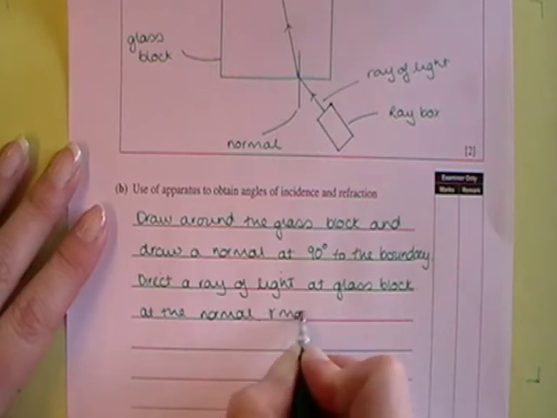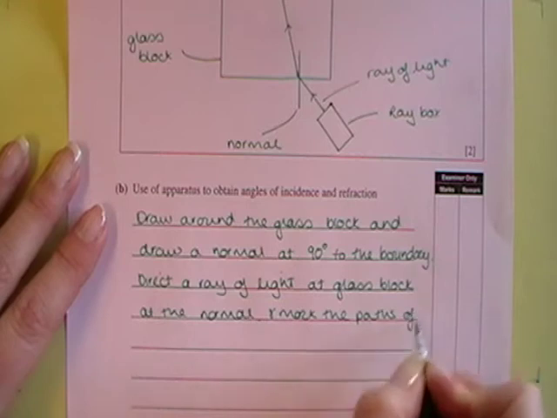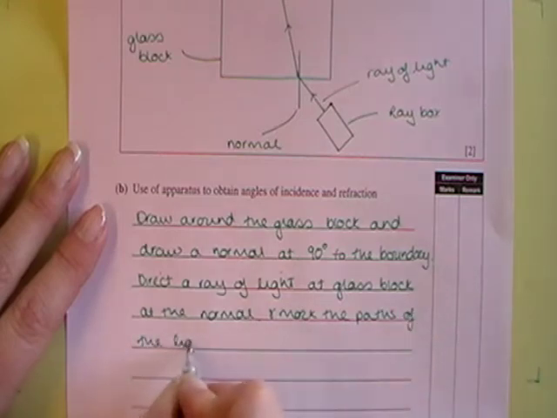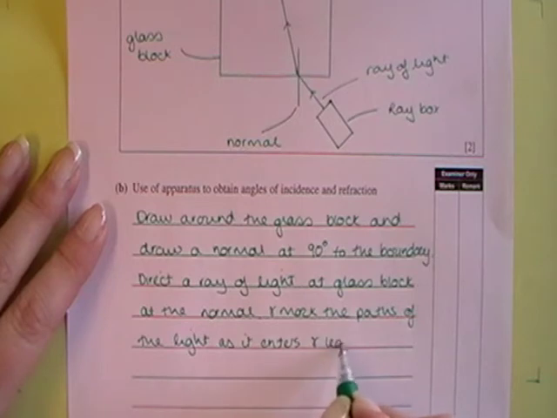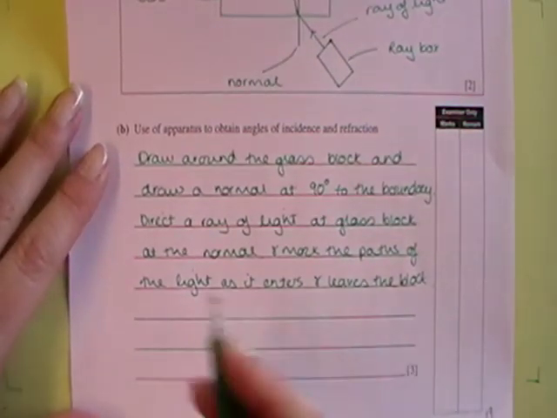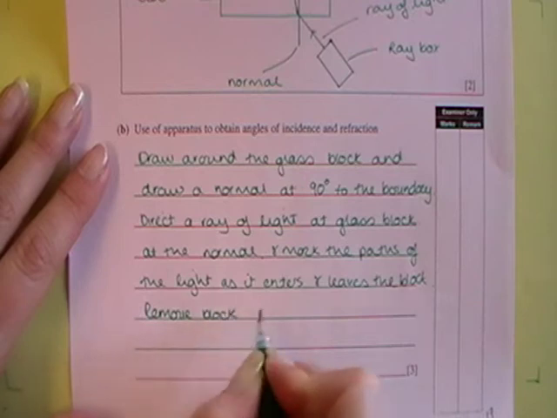And mark the path of the light ray as it enters and leaves the block. The next bit, remove the block and join up the paths.